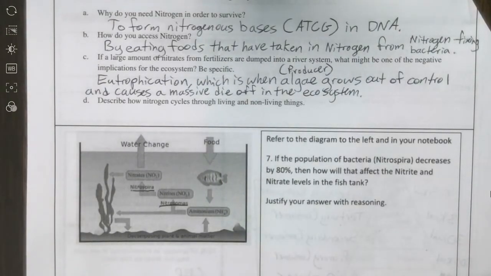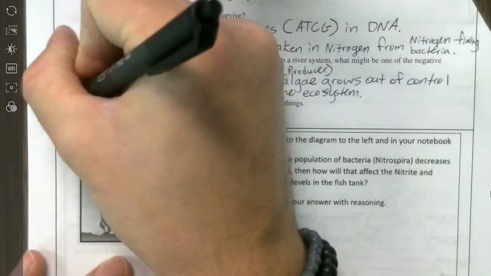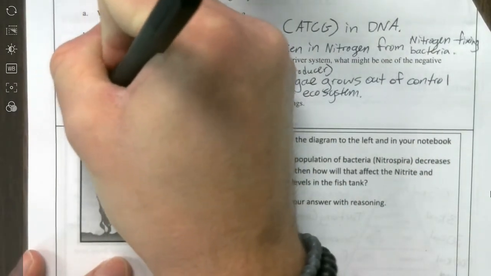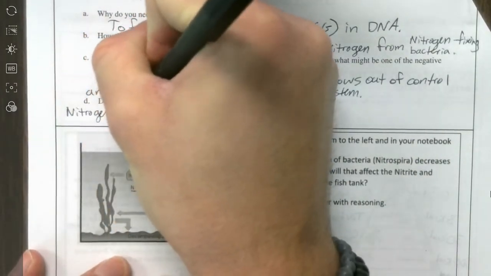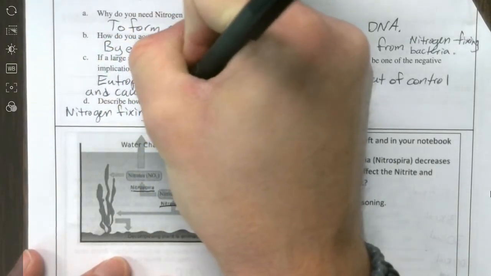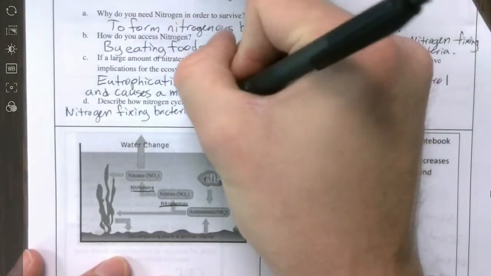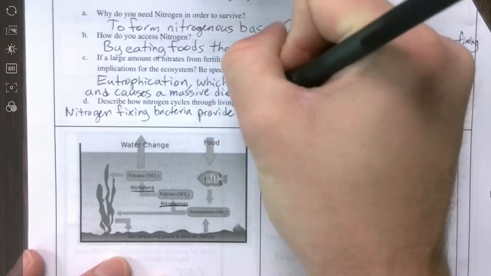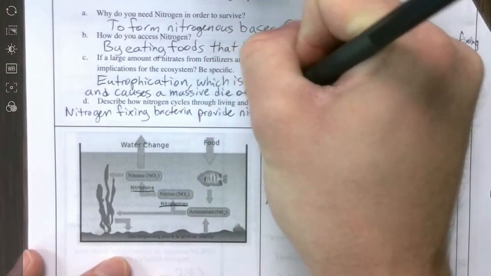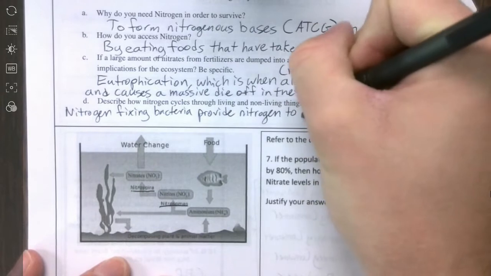Okay. So describe how nitrogen cycles through living and non-living things. So basically all we need to know is that nitrogen-fixing bacteria provide nitrogen to plants.